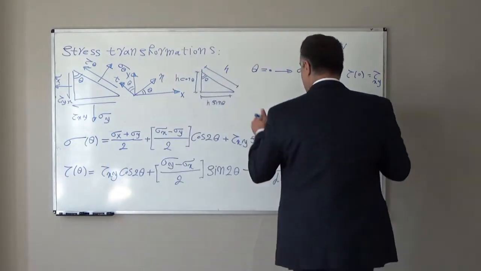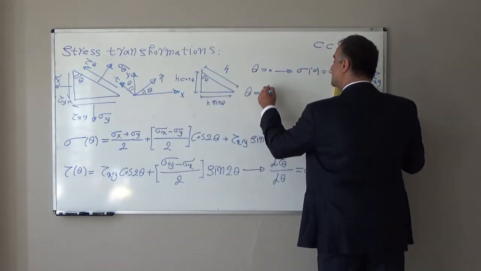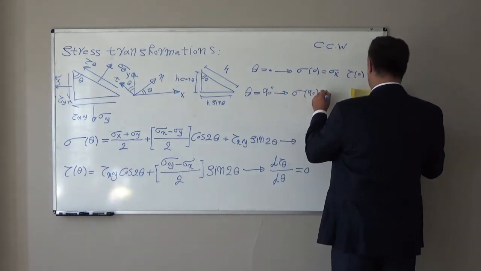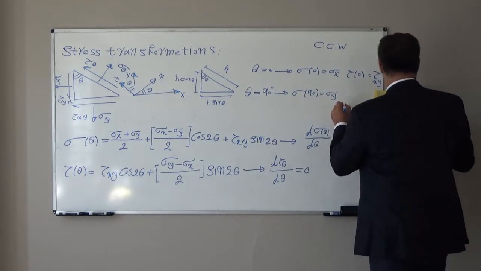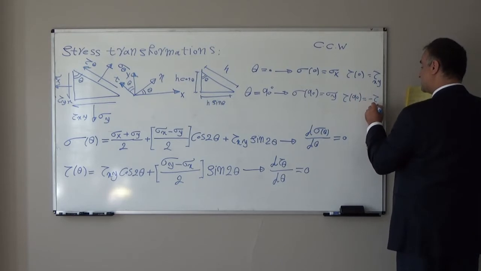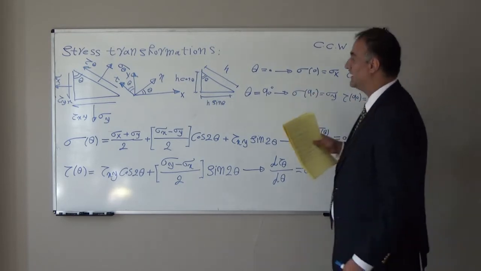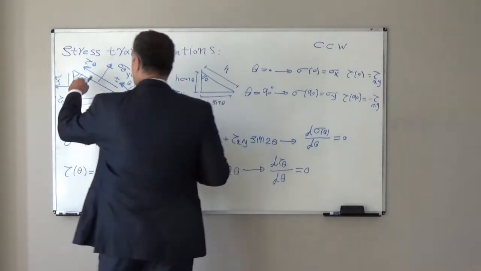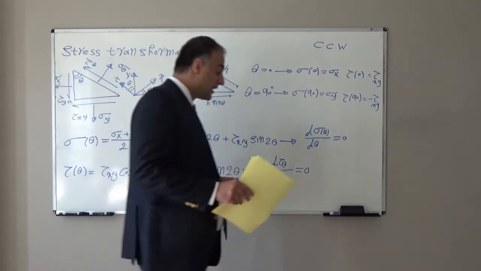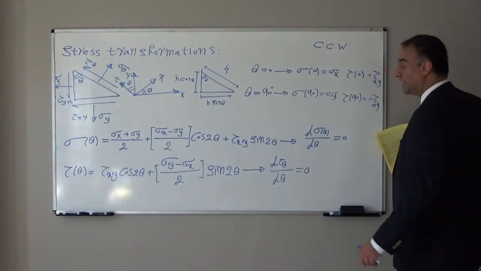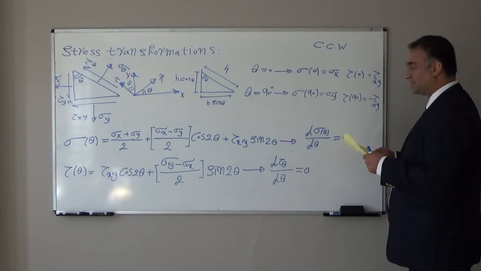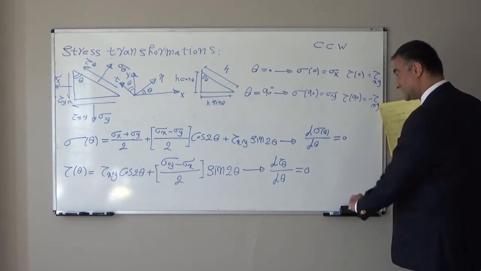If we plug in theta equal to 90 degrees, you will see sigma 90 will be equal to sigma y, and tau 90 will be equal to minus tau xy. Again, for theta equal to 90 degrees, it is right. So these two formulas are right. They give right values. Now let's look at how we can find the maximum shear stress and then normal stress.